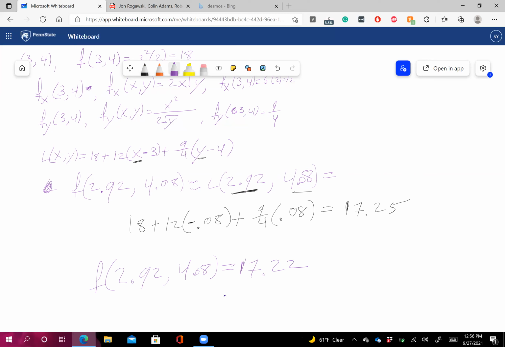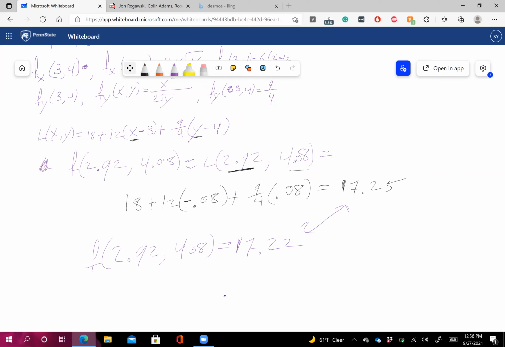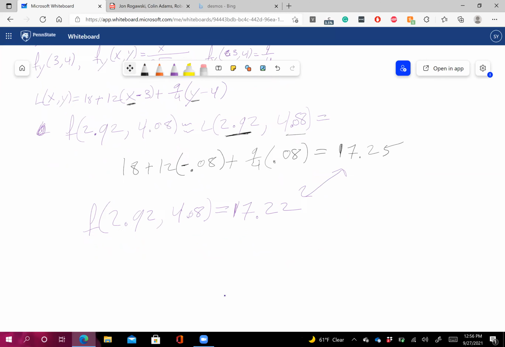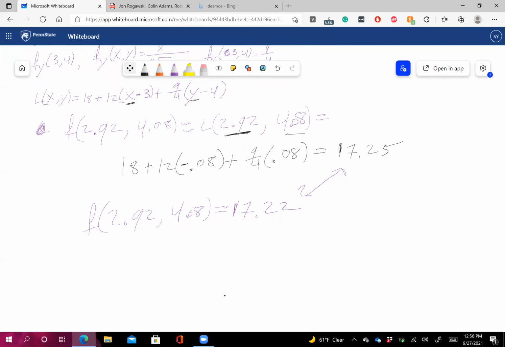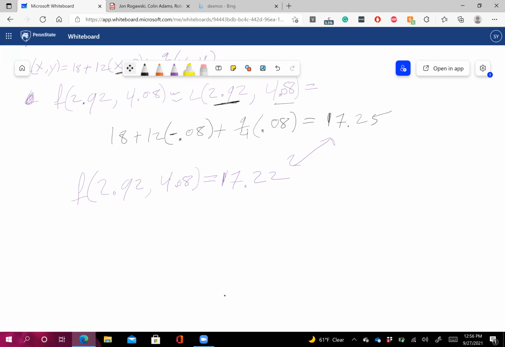We see that these two values are fairly close. These, by the way, finding a linear approximation and approximating a point, can definitely appear on the exam. So this type of question is definitely the type of thing that might appear on the exam at some point.